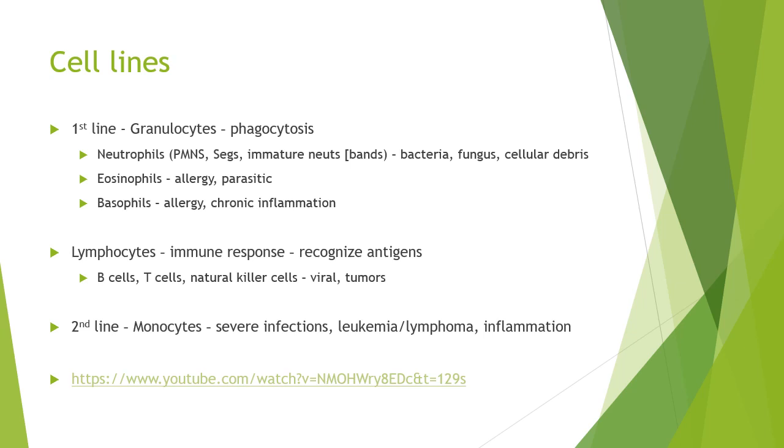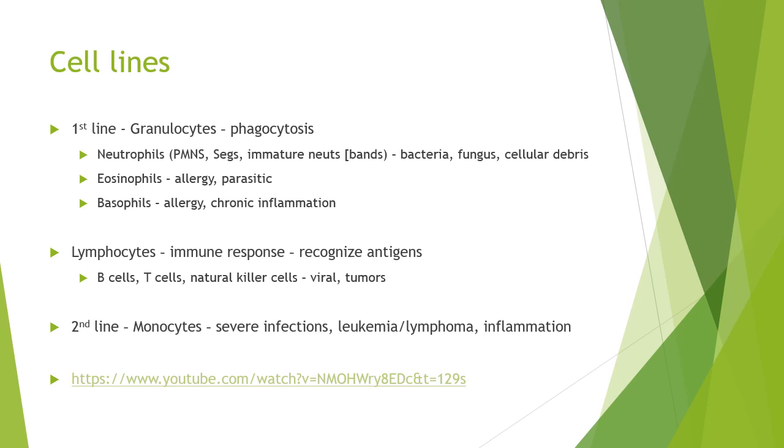So in the white blood cell line, actually your first line of defense is going to be your skin and your mucous membrane. So that is the first line of defense, protecting you against foreign invasion. But once that invader infiltrates your bloodstream or your respiratory system, then you've got your white cells.